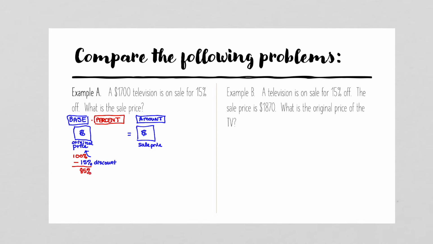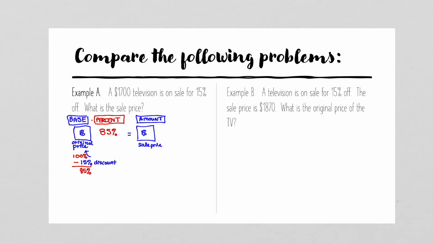Or in other words, the sale price is actually 85% of my original price. So I could use 85% as the percent in this percent equation. And that would tell me that 85% of my base equals my amount.